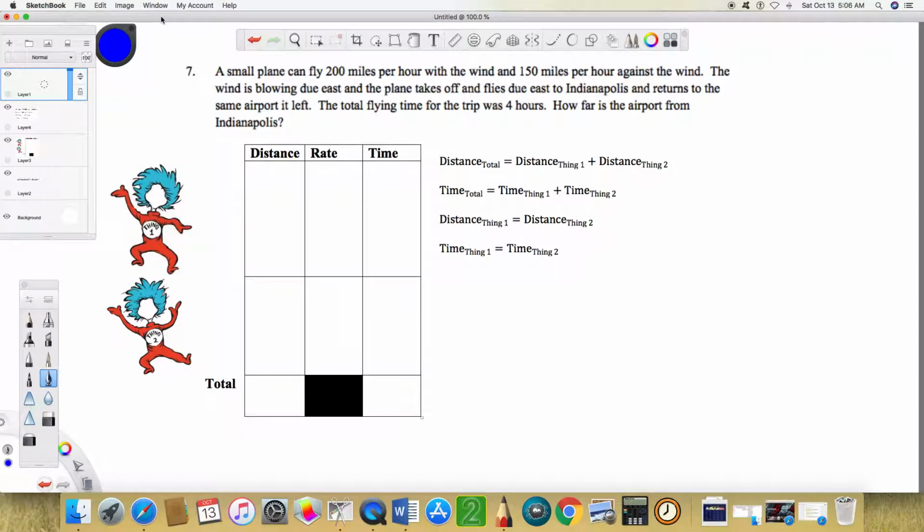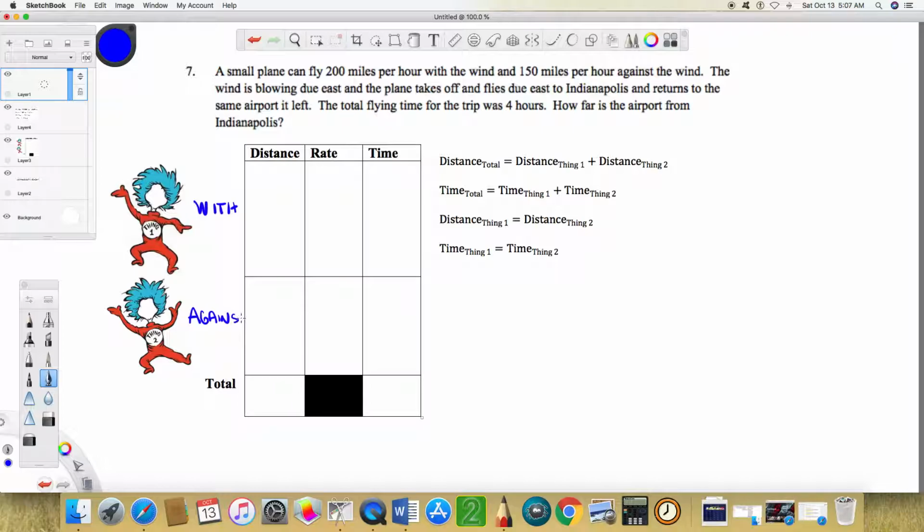Let's take a look at this problem, read it carefully, then determine thing one and thing two, and then press continue. All right, so I'm going to identify thing one and thing two as my plane flying with the wind versus against the wind.